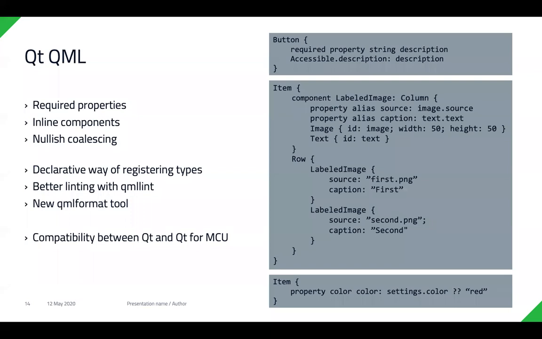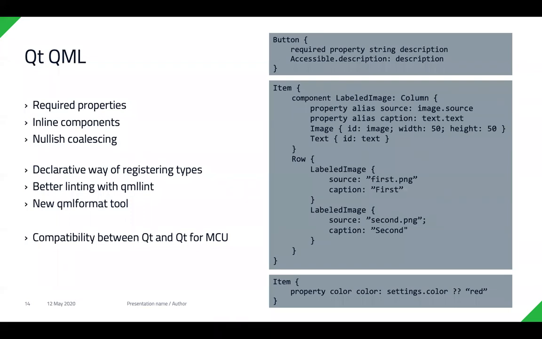We have added support for inline components, so you can now put components inline instead of having to put them into a separate file. Like in the second example, where you declare a component labeled image inline, which is basically just a setup of two other items, an image and a text item, and defines an API. And then you can use that later on in your QML file, just like it was an external component.